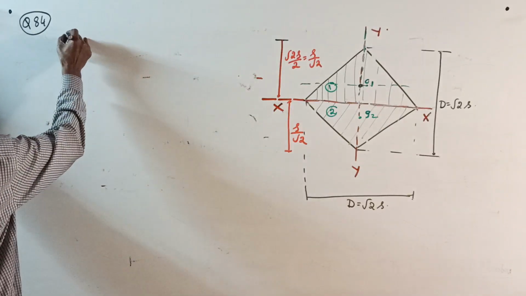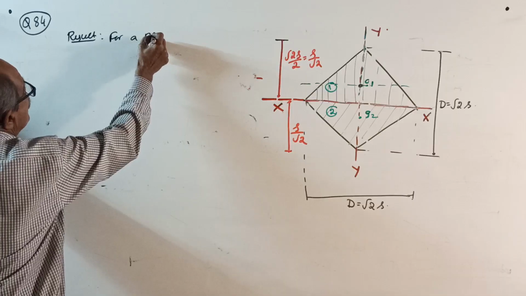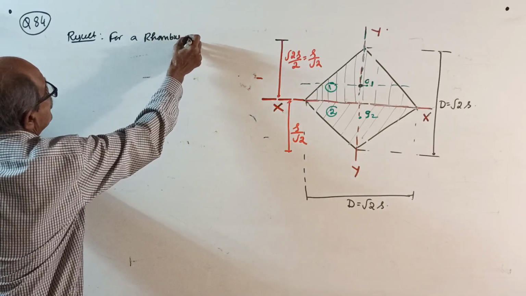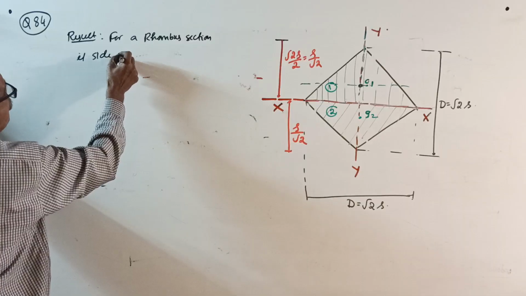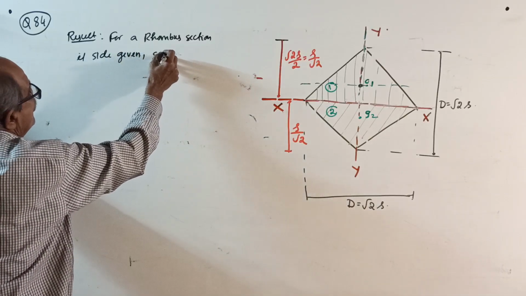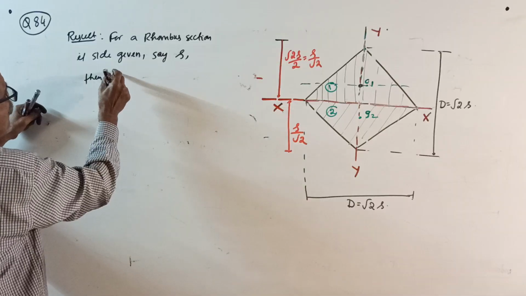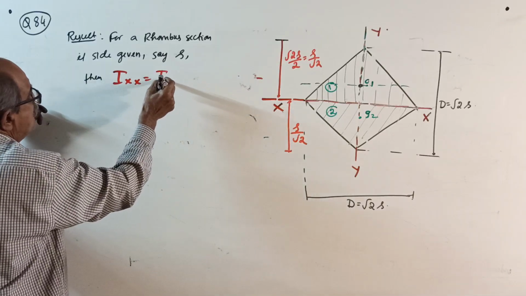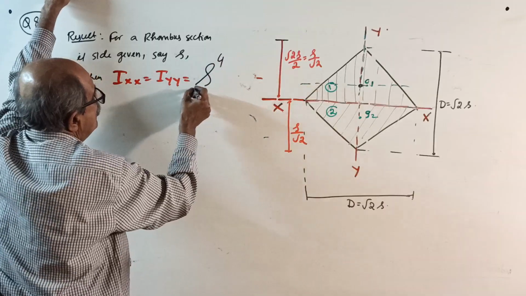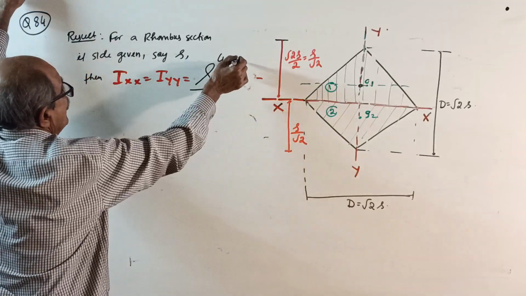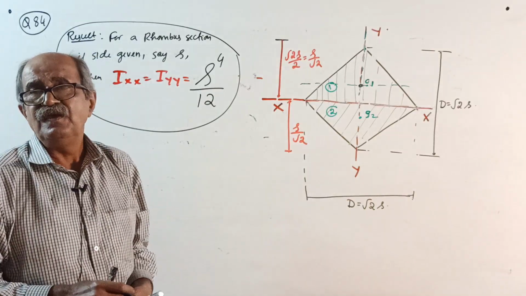Result: for a rhombus section, if the side is given, then remember your I about xx equals I about yy equals s power 4 divided by 12 is the answer. S power 4 by 12 if the side is given.